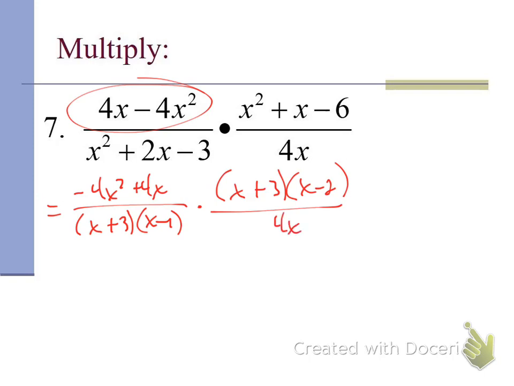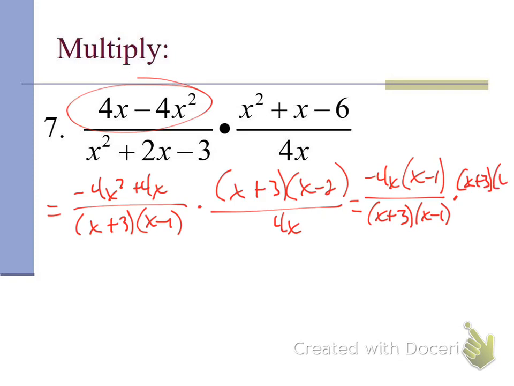I'm going to factor out a GCF in the numerator of the first fraction, which is negative 4x, and get x minus 1. Run out of room here. So I've got an x plus 3 and an x plus 3, an x minus 1 and an x minus 1, and I've got a 4x and a 4x, leaving that negative.